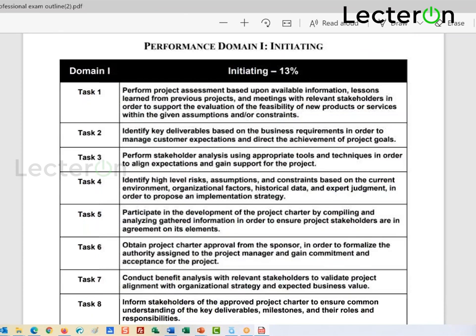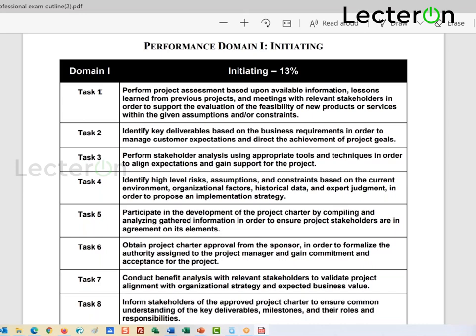Okay, so this is what they're saying as far as the exam. As far as initiating, this is the domain. These are the various tasks. All of the questions that would pertain to initiating will be mapped back to these tasks.